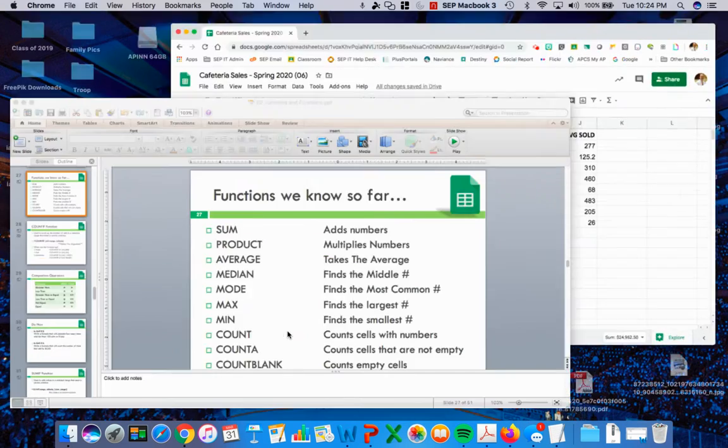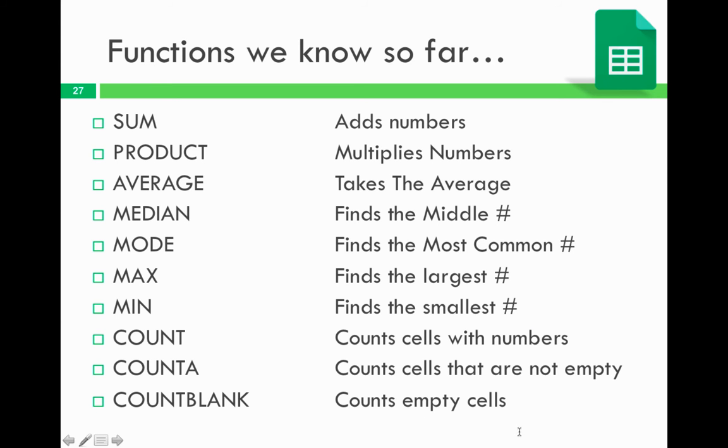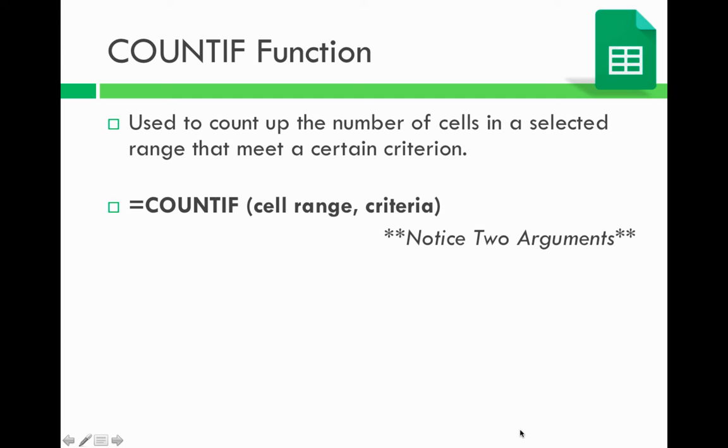Okay, so let's take a look. This next function I want to look at is called COUNTIF, all one word. It is used to count the number of cells in a range that meet a criteria.